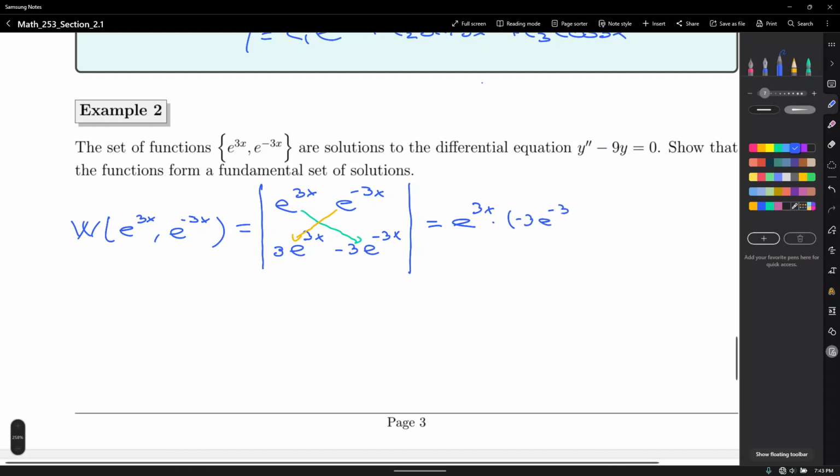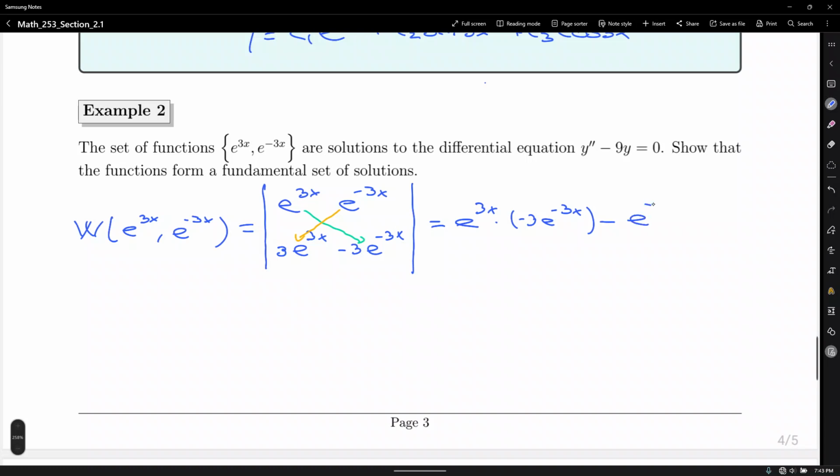Negative 3 e to the negative 3x, minus e to the negative 3x times 3 e to the 3x. So the rest of the problem is just to simplify and make sure we don't get 0 at the end, to show that the set is linearly independent, and therefore it's going to form a fundamental set of solutions.